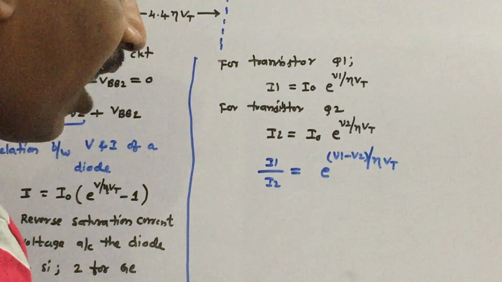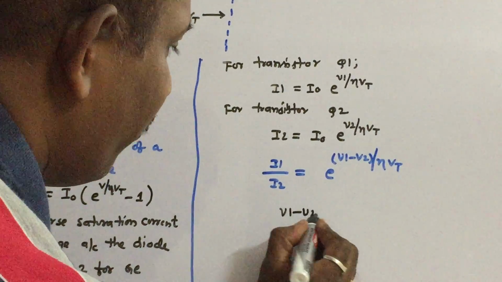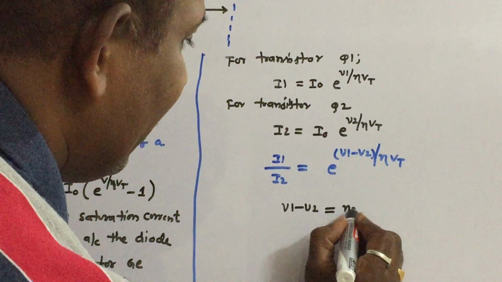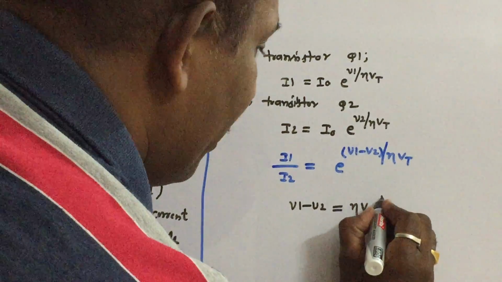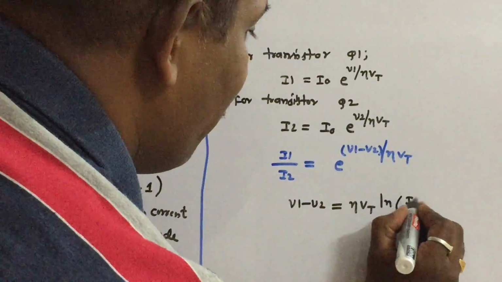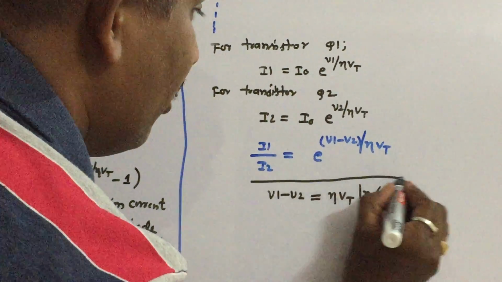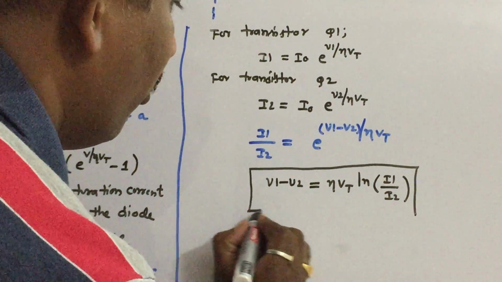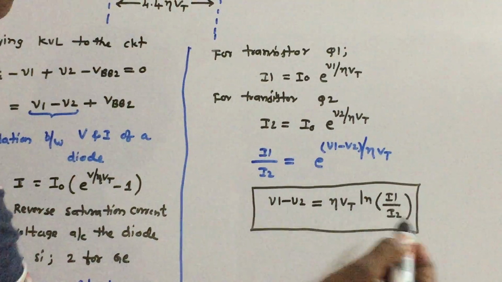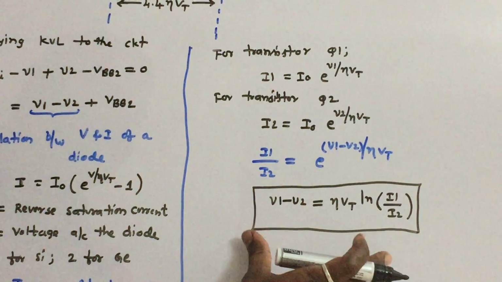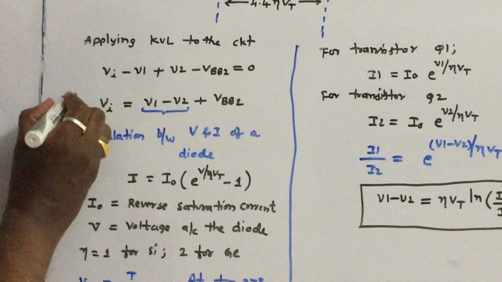If you take the natural logarithm and multiply with eta Vt, V1 minus V2 will become eta Vt into natural logarithm of I1 by I2, where I1 and I2 are the currents shown in the circuit. Let us substitute this V1 minus V2 in the expression for Vi.